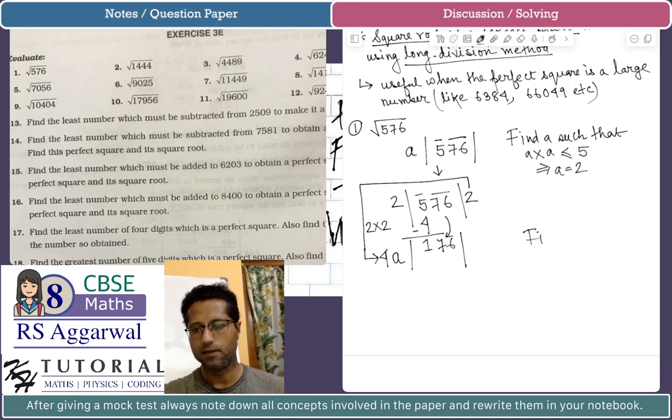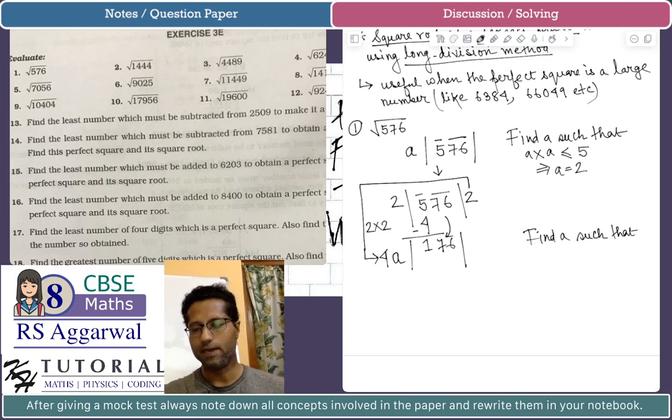In this step we have to find a digit A, which will go to the right-hand side of the digit 4, the current divisor.